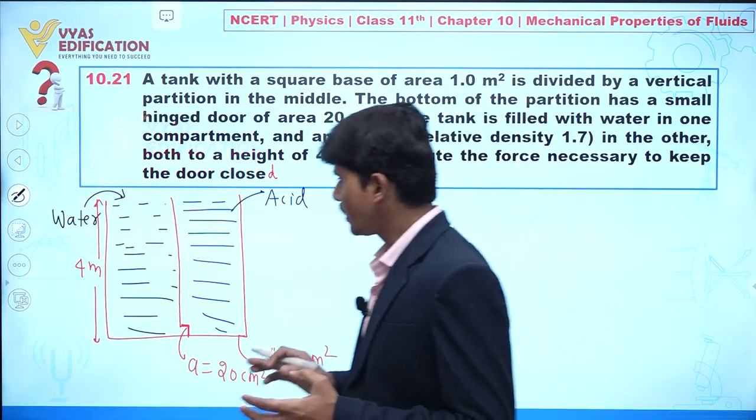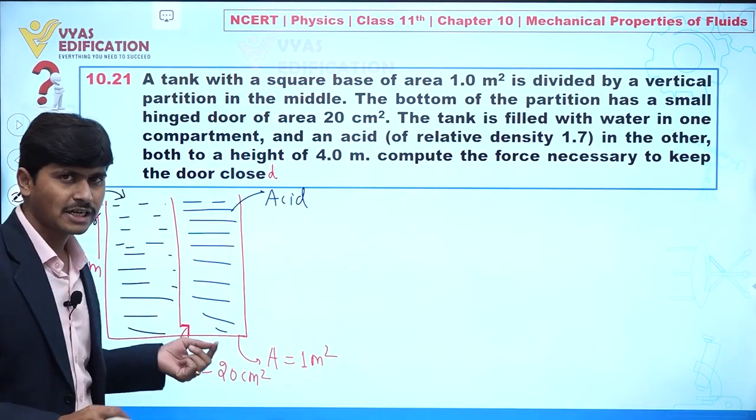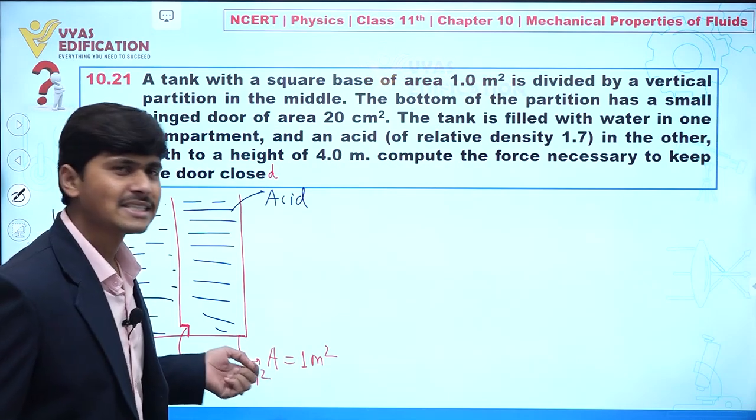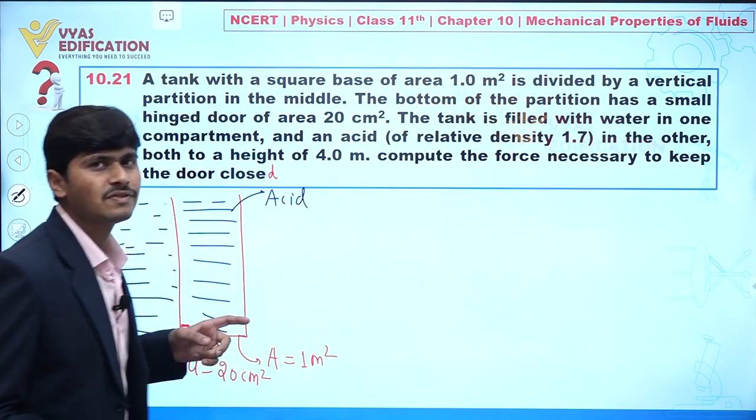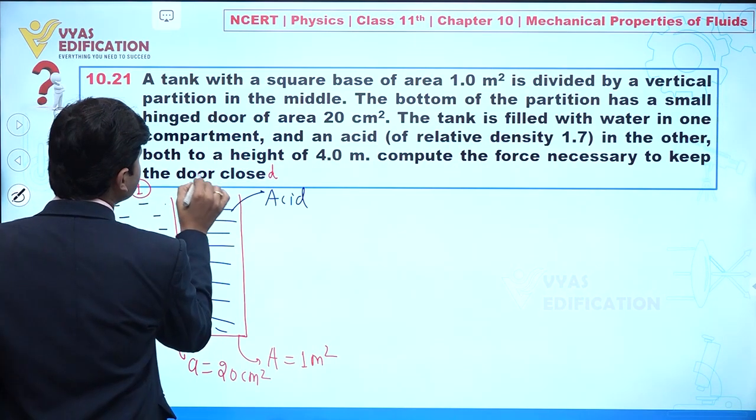So first we calculate the force exerted by the water side and the force exerted by the acid side. For that we first calculate pressure. Let's call this part 1 and this part 2.